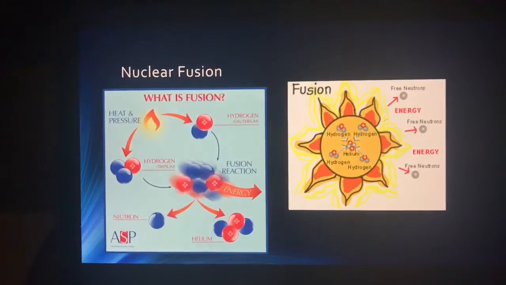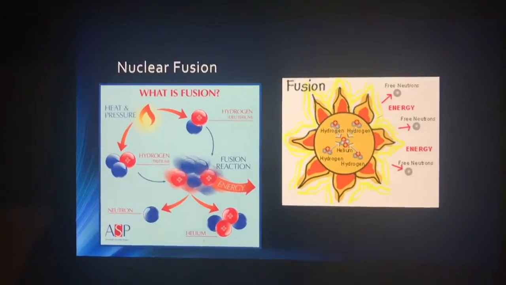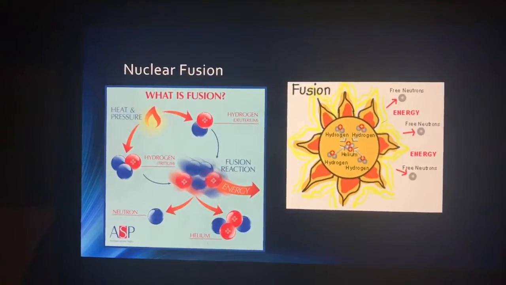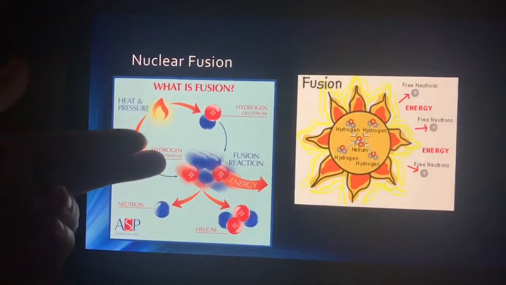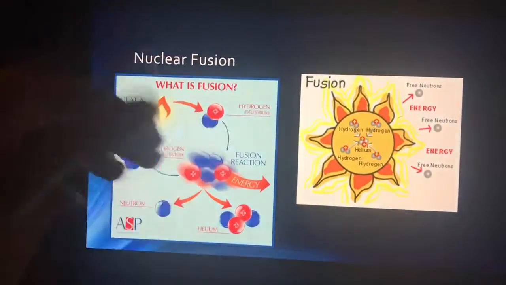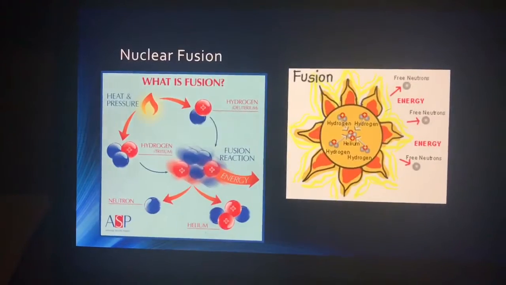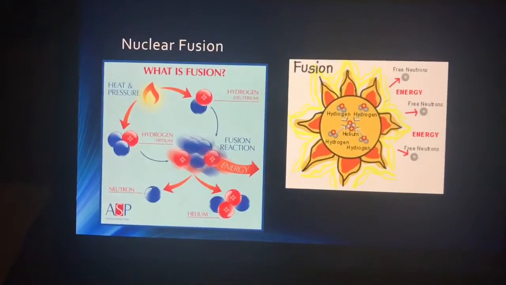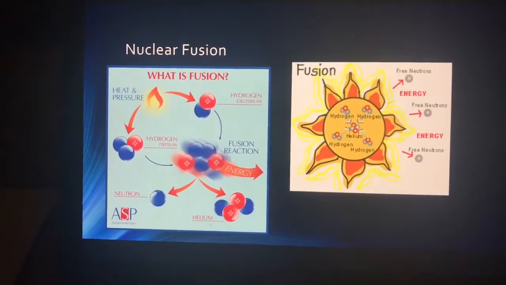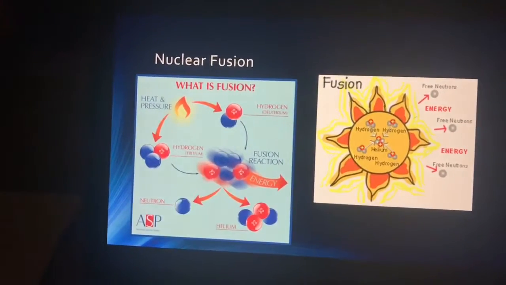More specifically, it's the fusion of hydrogen isotopes, deuterium and tritium, and they fuse together and form helium atoms, and they release lots of energy, which releases lots of heat and lots of light.